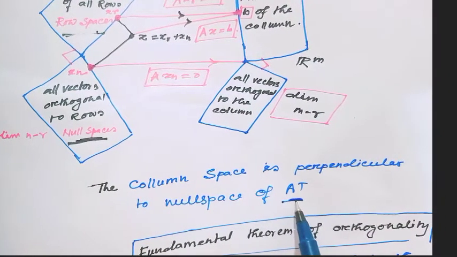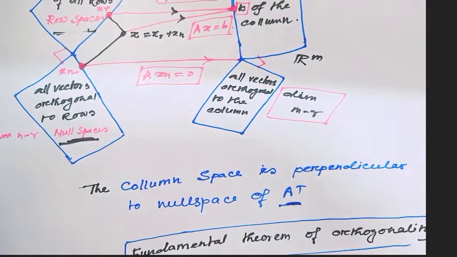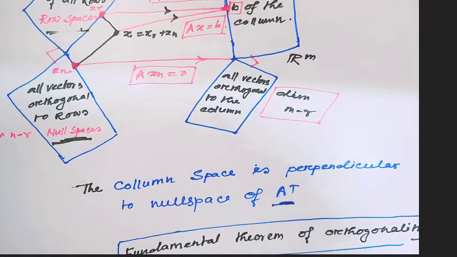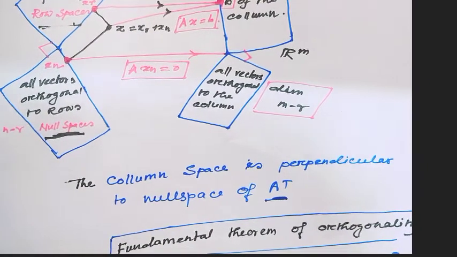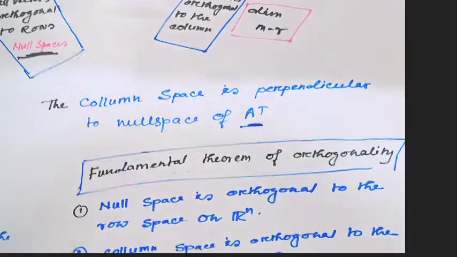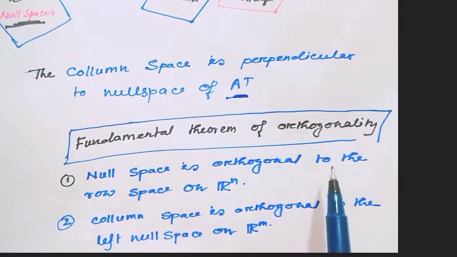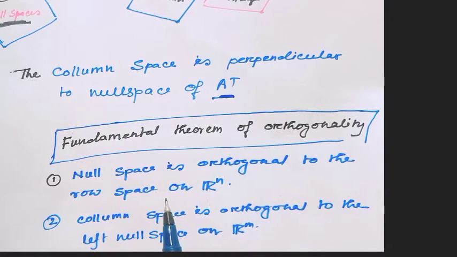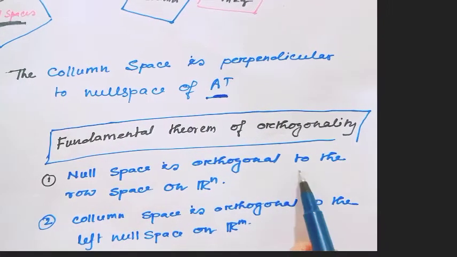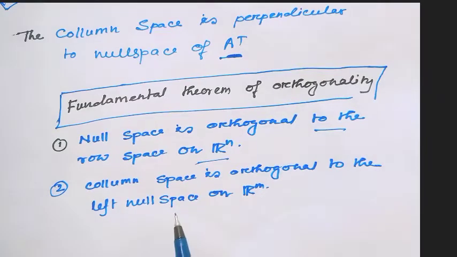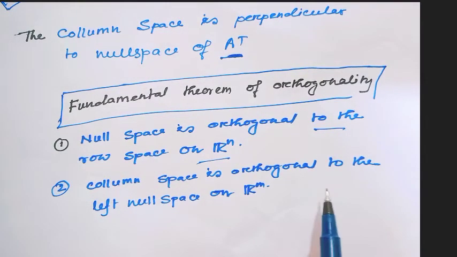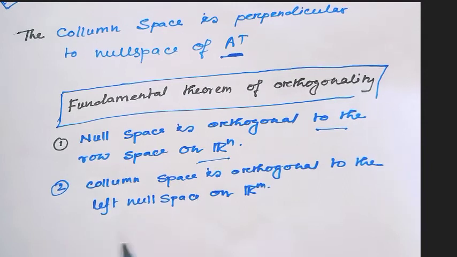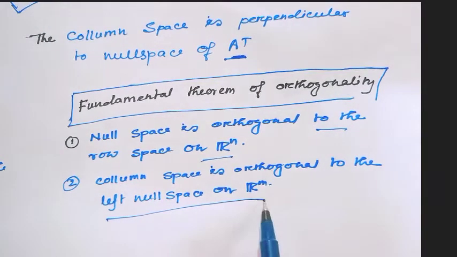So there exists a nice theorem, the fundamental theorem of orthogonality. The theorem states that the null space is orthogonal to the row space in Rn, and the column space is orthogonal to the left null space in Rm.